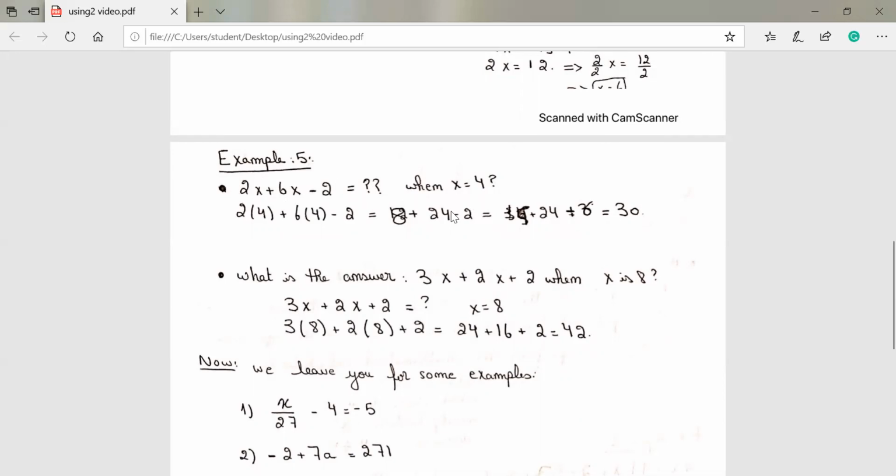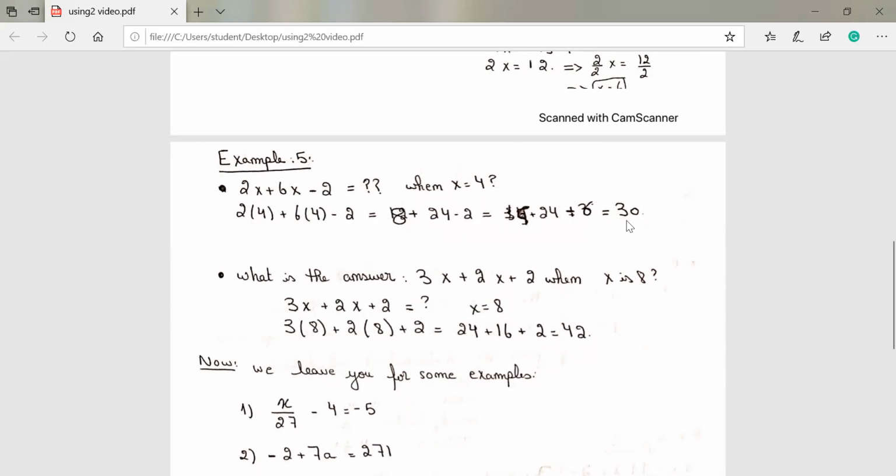So what we do is we substitute x with the given value, which is 4. So we get 2 times 4 plus 6 times 4 minus 2, which is going to give us 8 plus 24 minus 2, which is 30. So the final answer here would be 30 for x equal to 4.